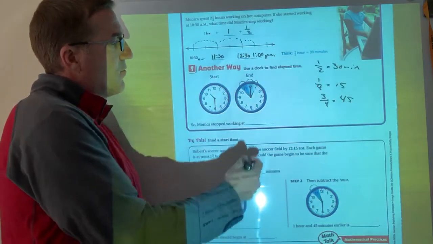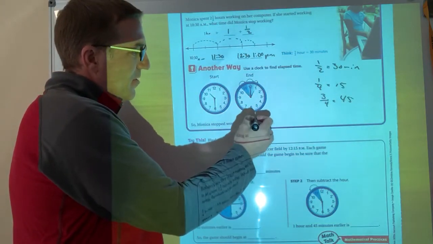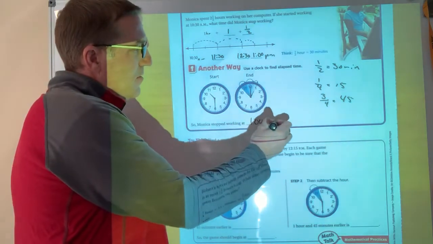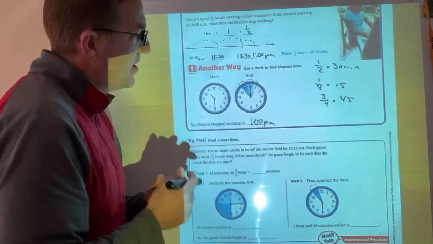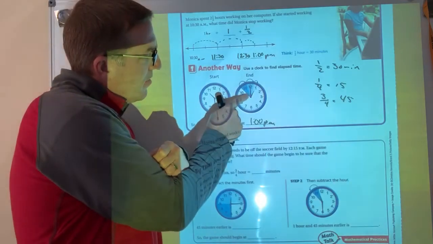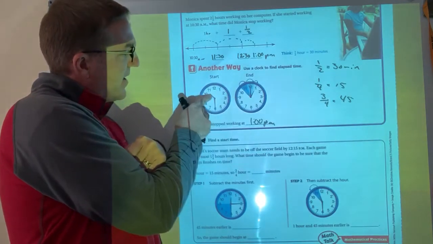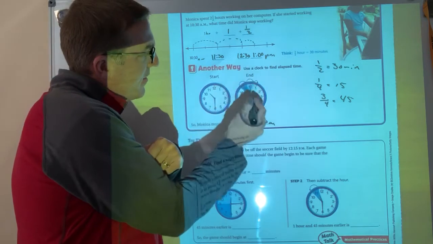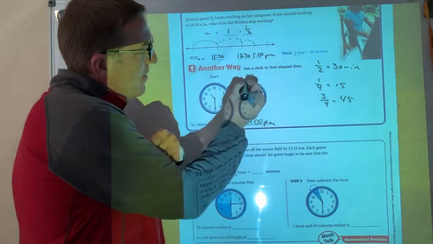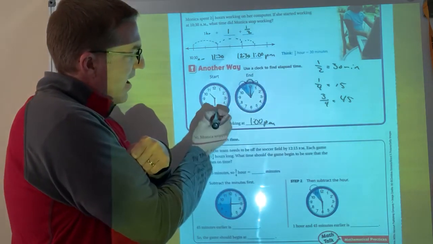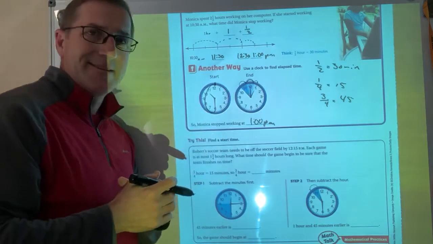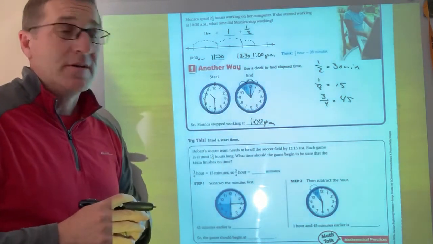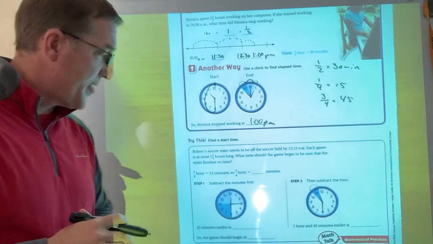But Monica stopped working at 1 p.m., which is this last part here, okay? So here's this hand started here, it went from here to there, so that's the hour, and then you take this little half-hour hand and you would move it all the way to the top, which would put that at 1 o'clock. So if that works for you, that's awesome, okay?